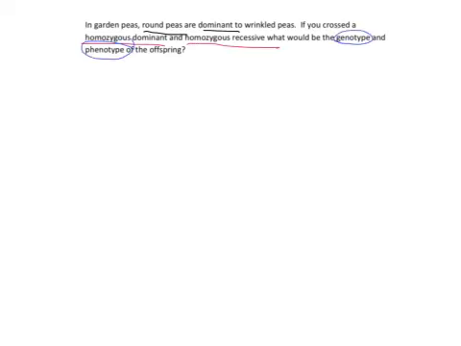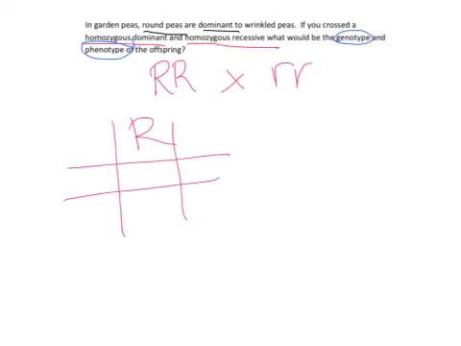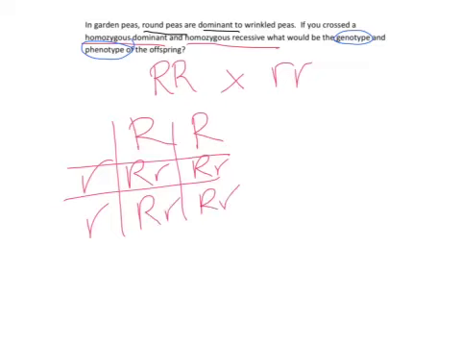So our homozygous dominant round is going to be big R, as homozygous is 2 of the same, and homozygous recessive is little r. So let's draw up our Punnett square, big R, cross with little r, and we do our cross, big R, little r, big R, little r, big R, little r, big R, little r.